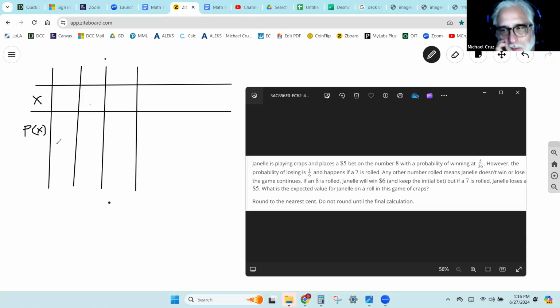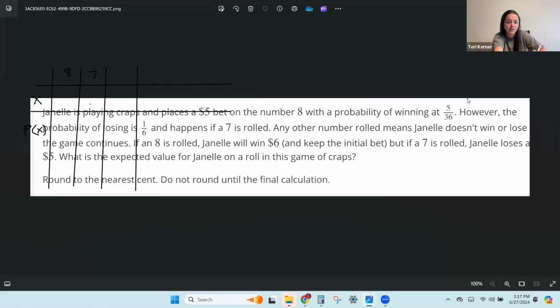Okay. All right. So this right here would be 8, 7, and that's the only 2 outcomes that matter, right? That's win and lose, and then it's 0 if any other number comes up.